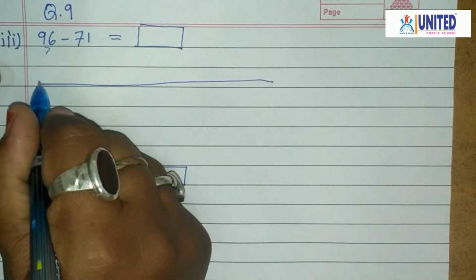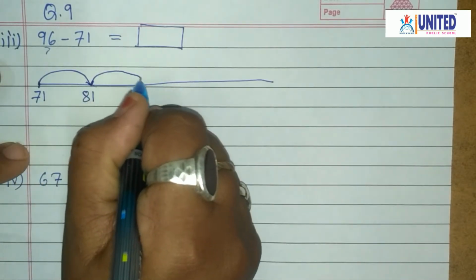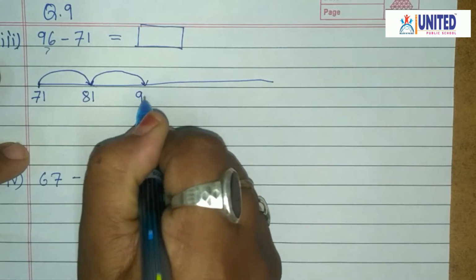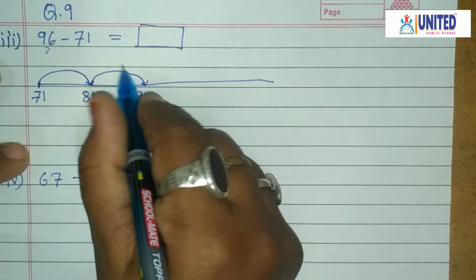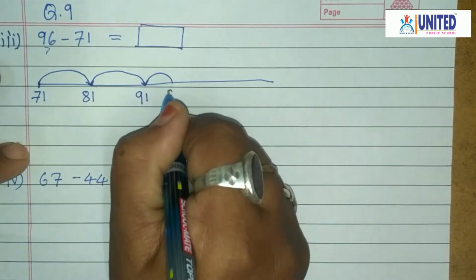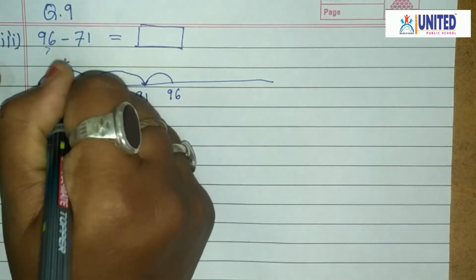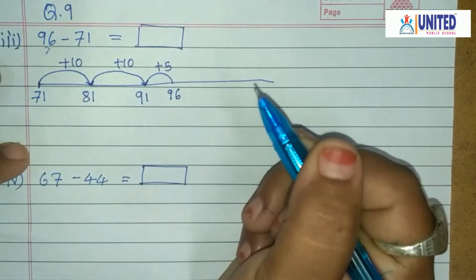So 71 plus 10, that is 81. 81 plus 10, that is 91. Okay, now from 91, how many remain? 5 remain. So we add 5, that is 96. So here we add 10, 10 plus 5.